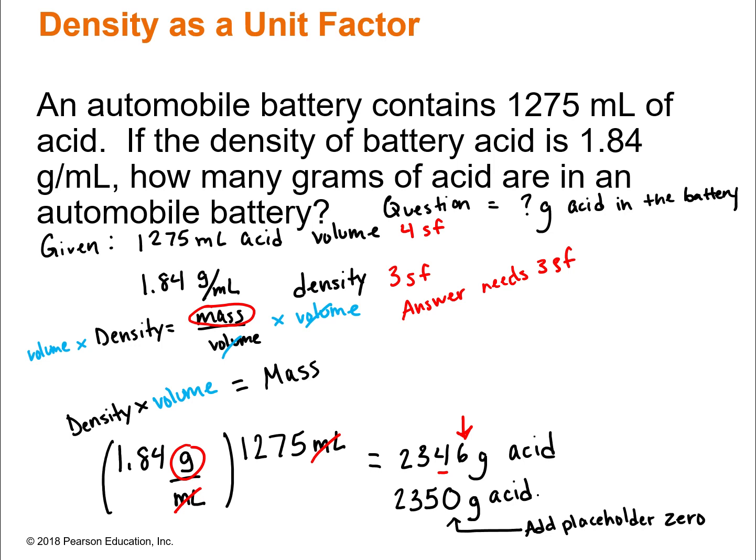The other way you could write this with 3 significant figures is using scientific notation, and you don't have to think about a placeholder 0. You just write it in scientific notation and you've got your 3 sig figs right there. Either way would be acceptable for this question.